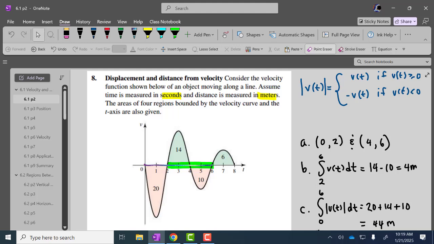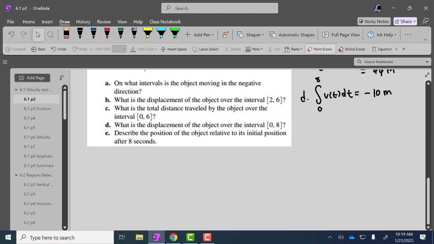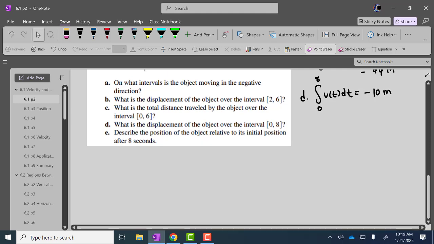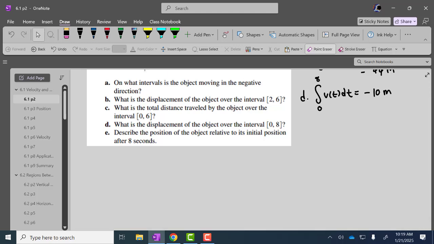So all we can say is what? Describe the position of the object relative to its initial position after 8 seconds. So where will it be 8 seconds after we start? 10 meters to the left. That's all we can say.